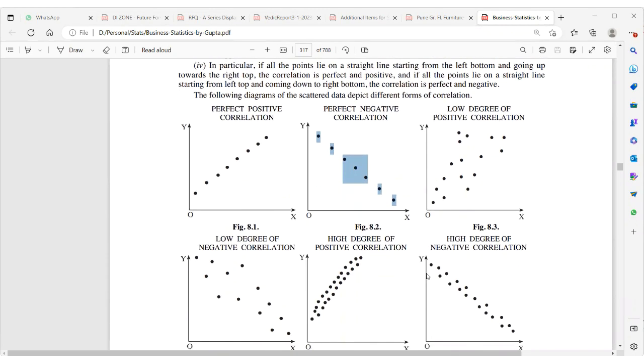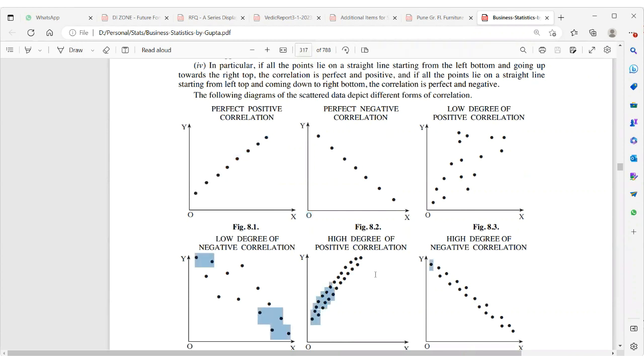Look at this high degree positive correlation. What is the difference? If all these points come in a straight line, then it is called a perfect positive correlation.